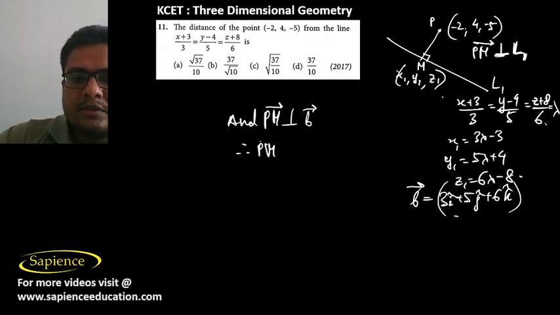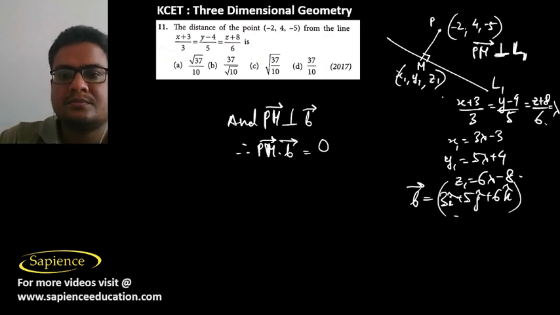So therefore, PM vector dot B vector should be equal to 0.